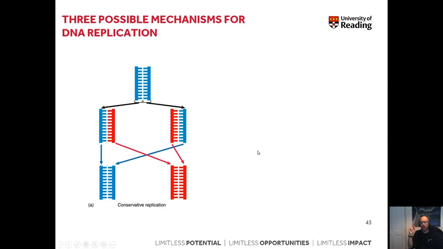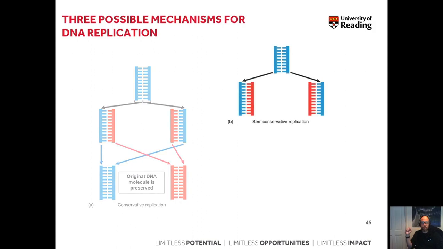And by conservative, I mean that each strand would produce an identical copy, right? So this strand would generate a copy of itself, and this one, the blue strand, would also produce an identical copy. This mode of replication would be a conservative one, where the original DNA molecule would be preserved.